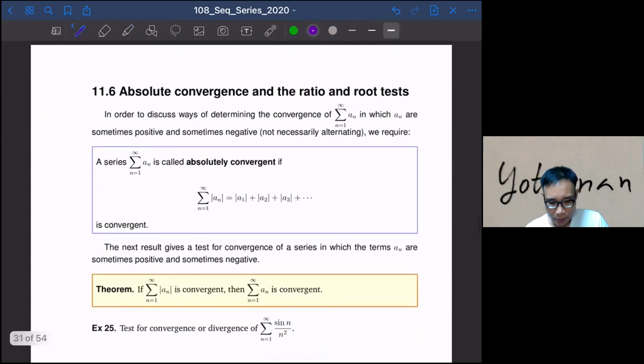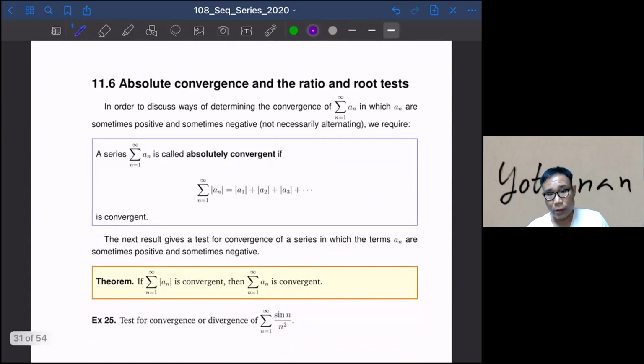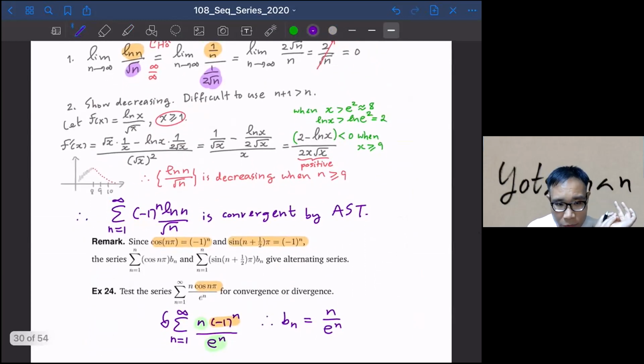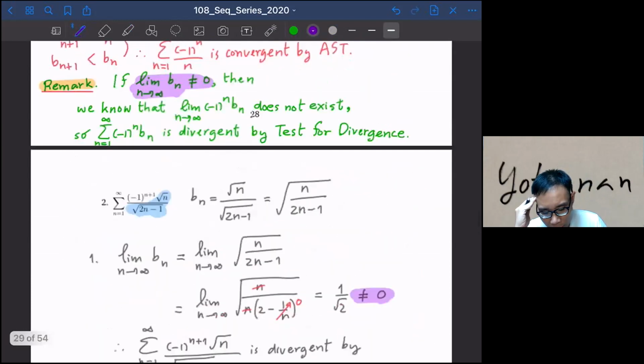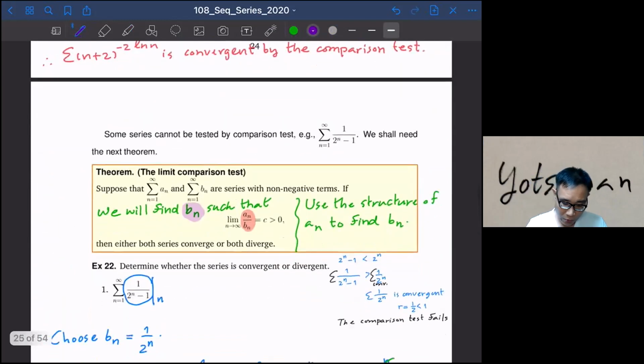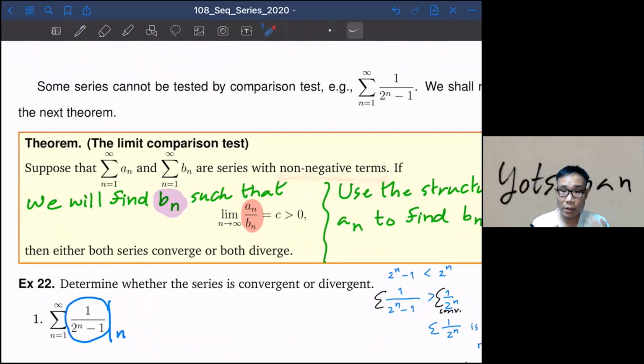After knowing alternating series, we're going to be able to test any other series. What does it mean for any other series? It means that when you do integral tests, comparison tests, and limit comparison tests, one requirement is that you have non-negative terms.